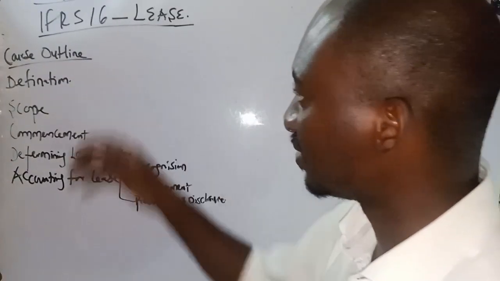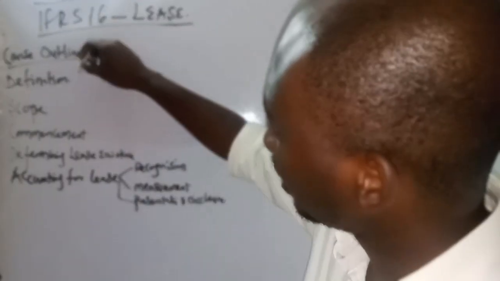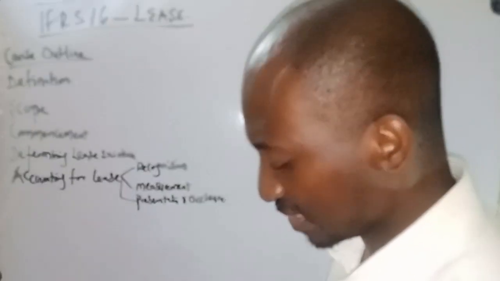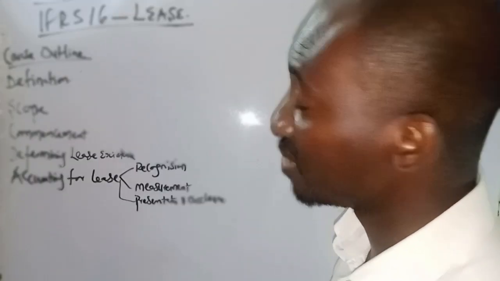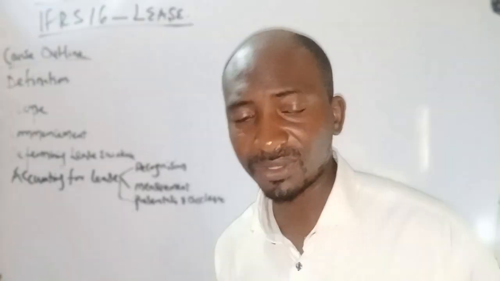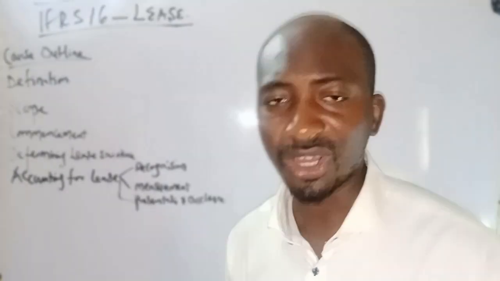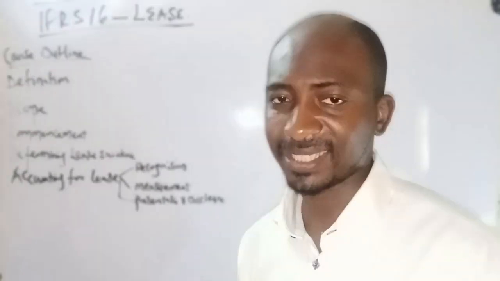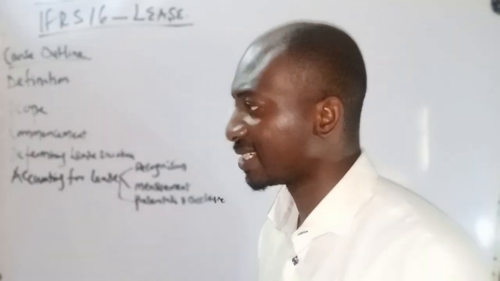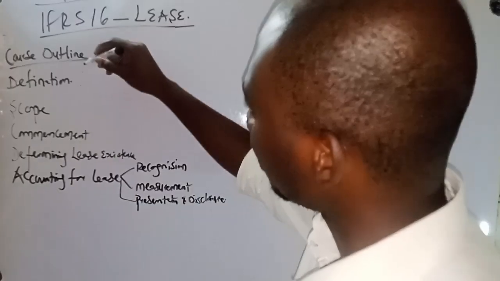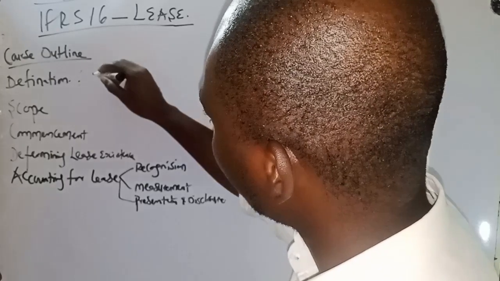IFRS 16, the definition. By definition, a lease is a contract that gives rise to the right to use an underlying asset for a period of time in exchange for a consideration.